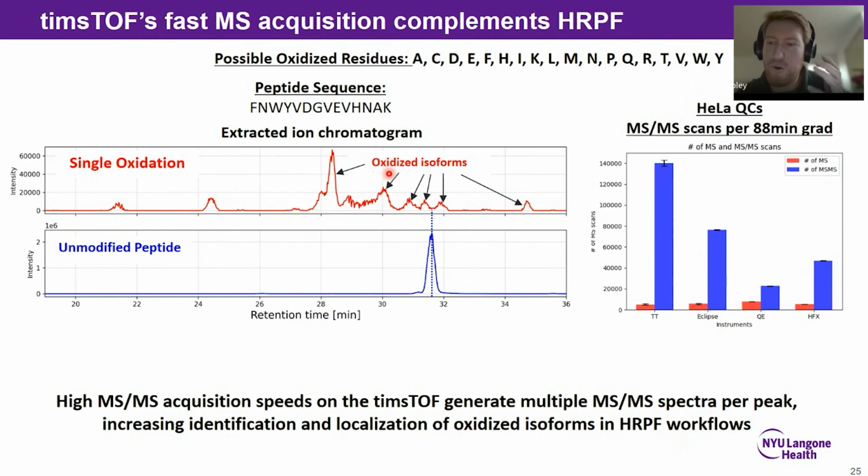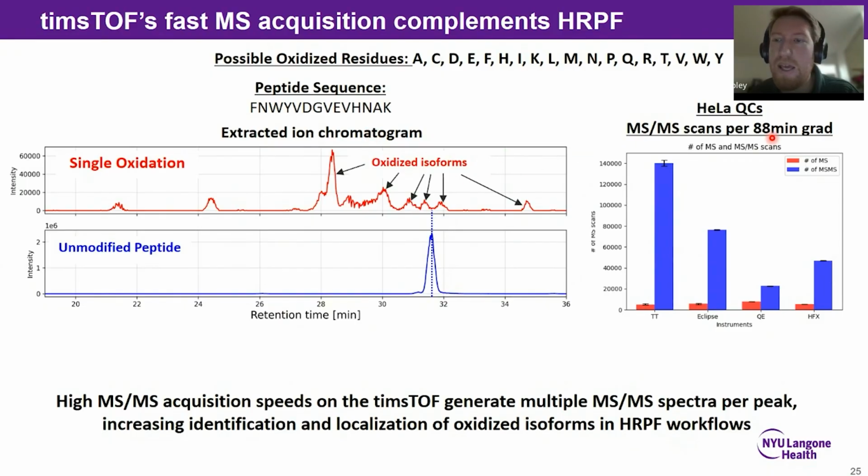And if your MS2 frequency isn't high enough, or if you have a high dynamic exclusion, you might not get proper sampling at the peak, because some of these oxidized isoforms elute very close to each other in retention time, while others elute a bit farther. Basically what we need is a really fast mass spec to get many data points across the peak.